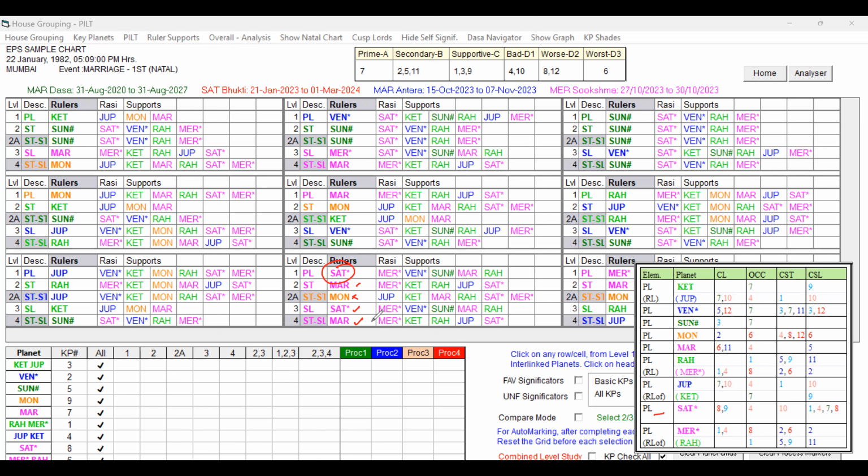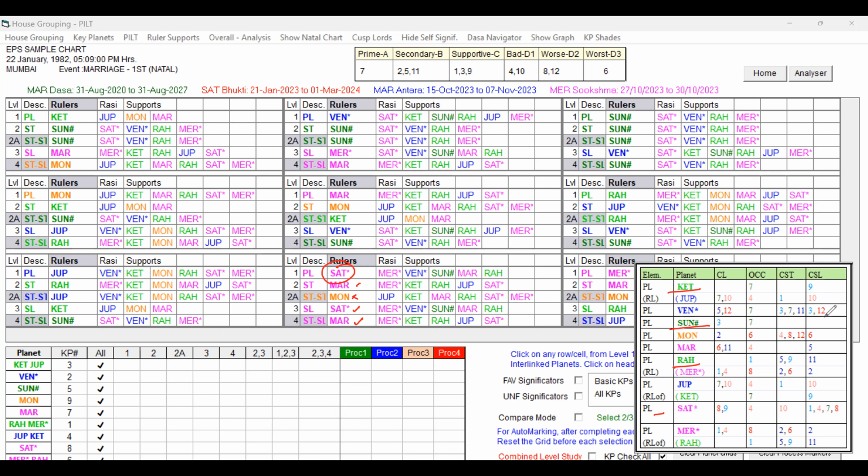Destiny is indicating moderate. And I said, for the destiny planet, check which planets are also influencing it: planet level, star level, sub level, and those influenced by supports. Which are the favorable key planets? Sun is a green planet, Ketu is a green planet, and Rahu is a green planet, and Jupiter and Venus are all blue.